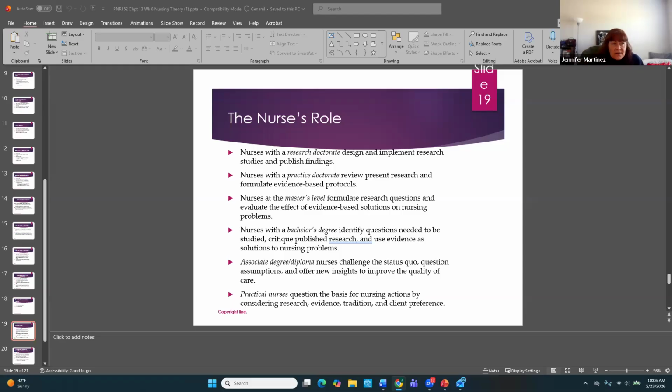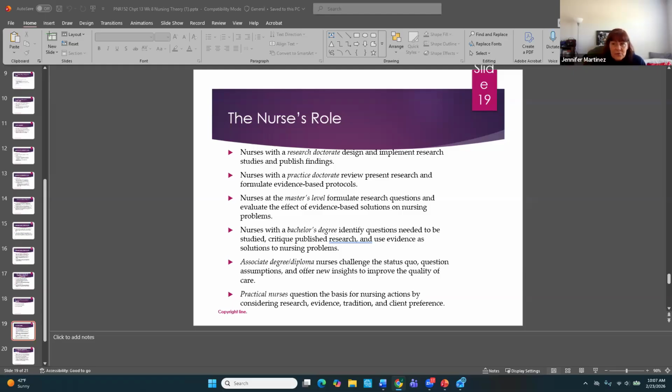Nurses with practice doctorates, your DNPs or Doctor of Nursing Practice, review present research and formulate evidence-based protocols. They may look at the research that the nurses with a research doctorate performed, do a review of the literature, and then formulate those evidence-based protocols.